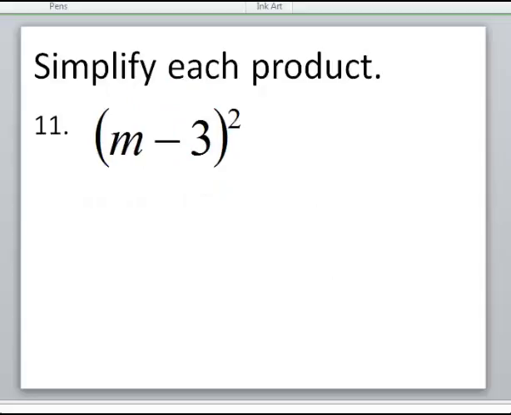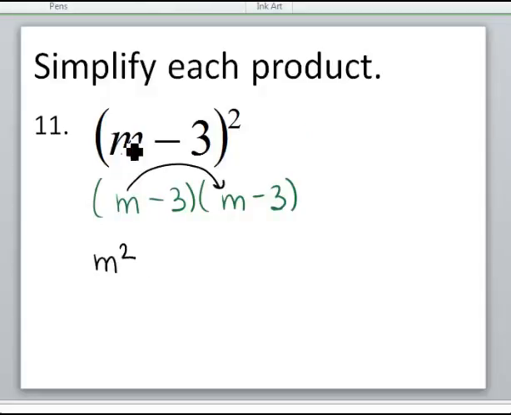My last example, a lot of people want to just distribute this through, but that's not legal. What this really says is I have m minus 3 times m minus 3. So what that means is I really am going to be foiling again. I'm going to take my first times my first, which gives me m squared.